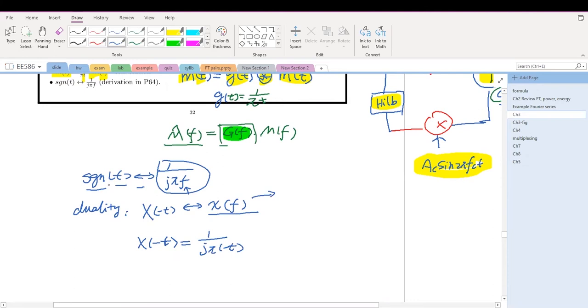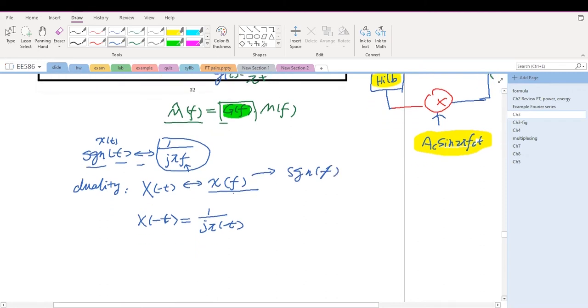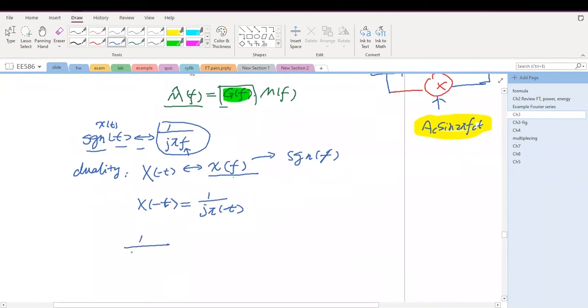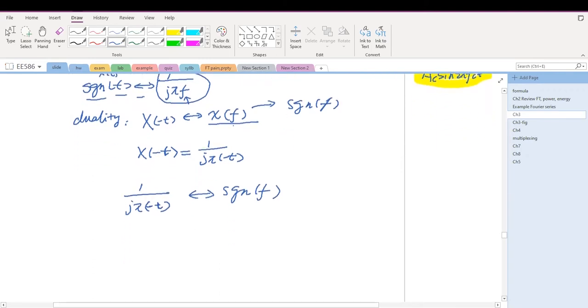You want to replace this small x of t with f. So therefore that's sgn f. Therefore we can see that 1 over j pi minus t has Fourier transform sgn f. And then you move this minus sign to the other side. The Fourier transform is minus sgn.